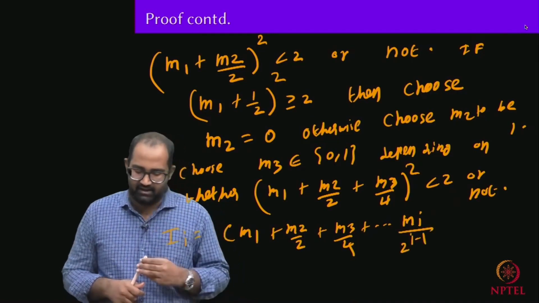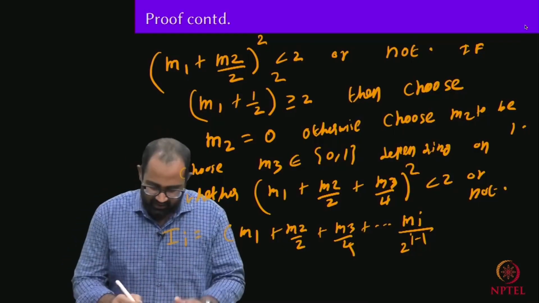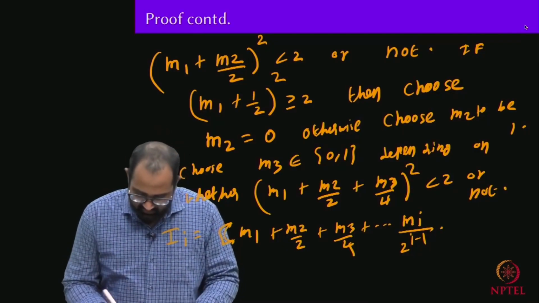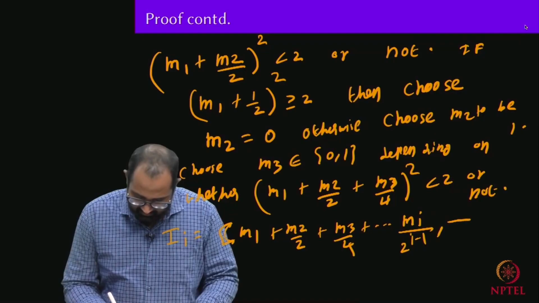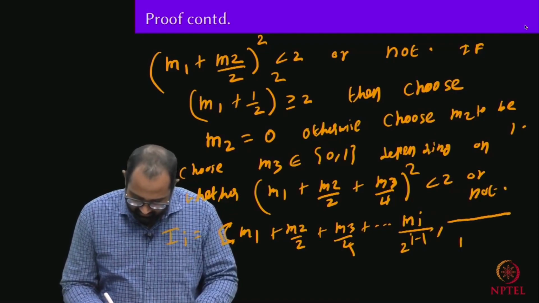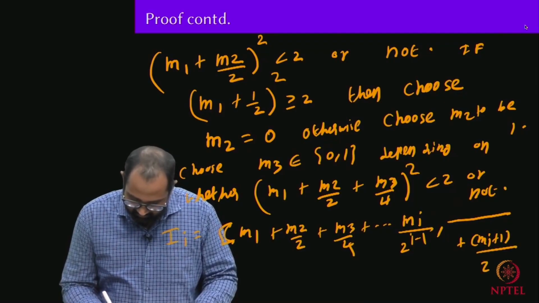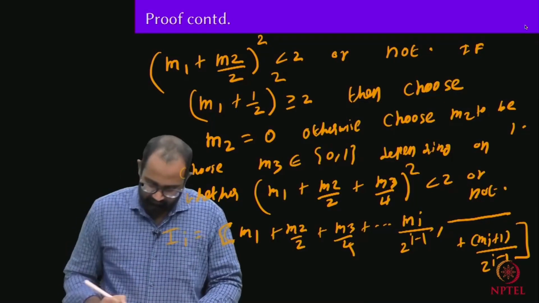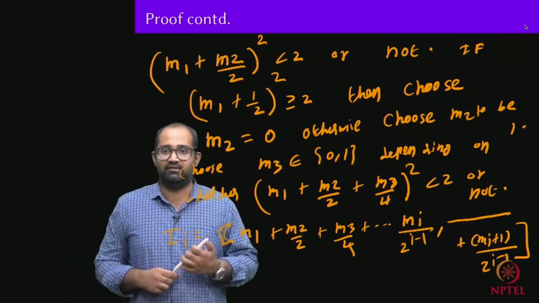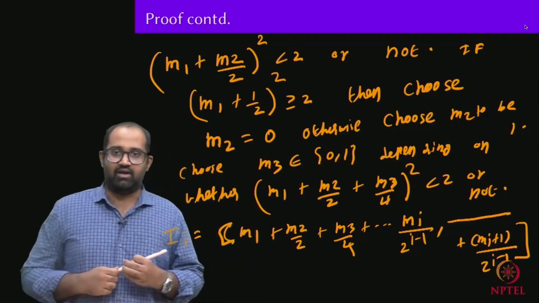I hope I got the index right. Comma, this is a closed interval actually, comma, the same thing all the way except I put Mi plus 1 by 2 power i minus 1. Okay. This is going to be our I_i.